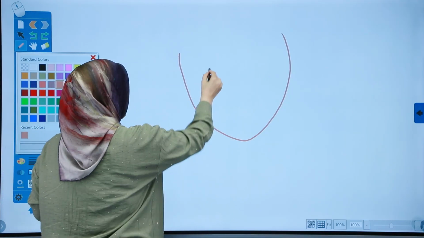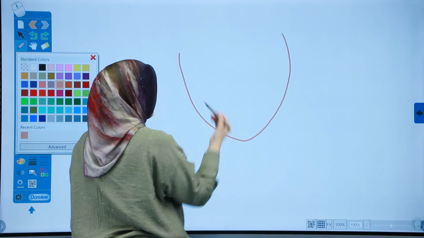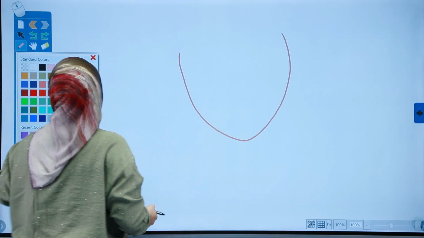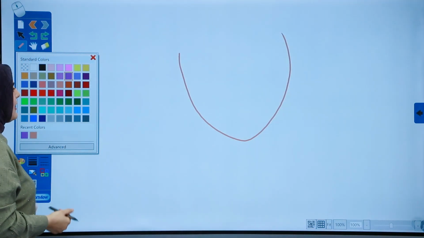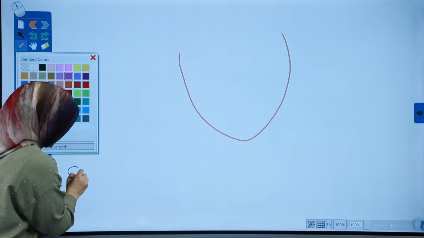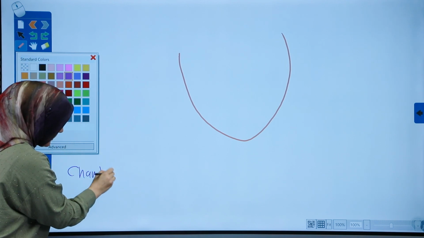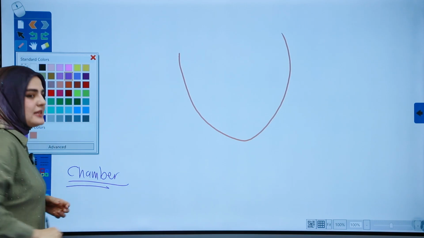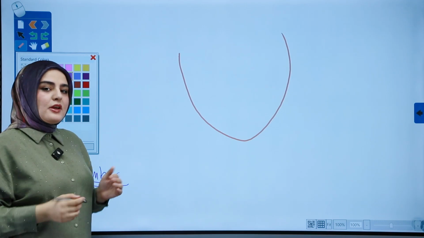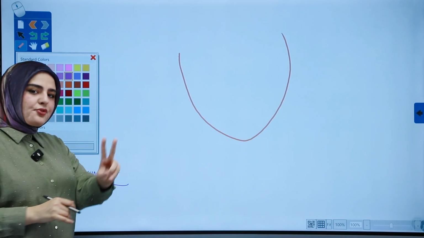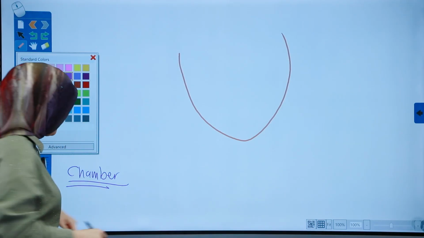There we go. And then you have 4 chambers in the heart. Chambers are rooms, okay? They're like empty spaces. They look like rooms. They have different names. We have 2 types, but 4 in number.